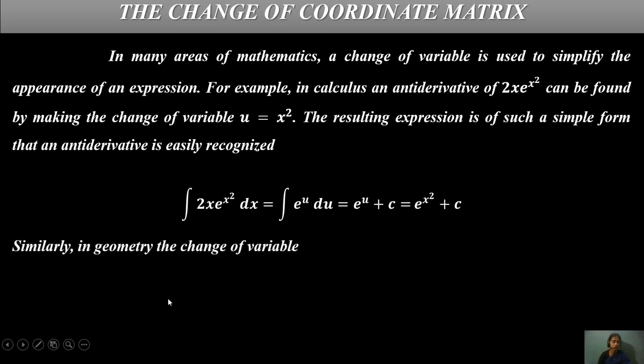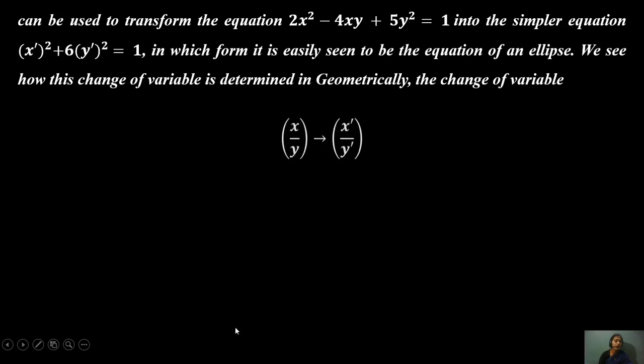Similarly, in geometry, consider a change of variable. Suppose x equals 2 over square root of 5 x dash minus 2 over square root of 5 y dash, and y equals 1 over square root of 5 x dash plus 2 over square root of 5 y dash.